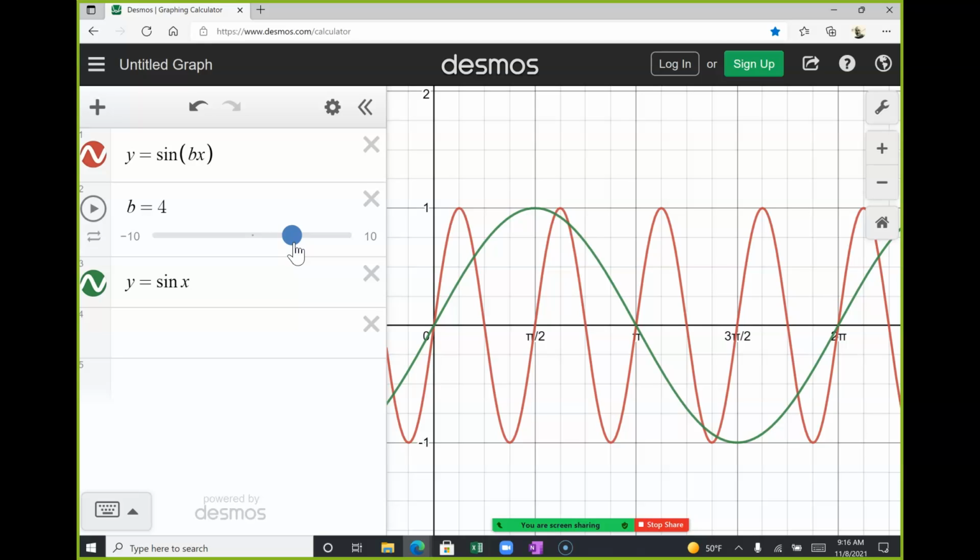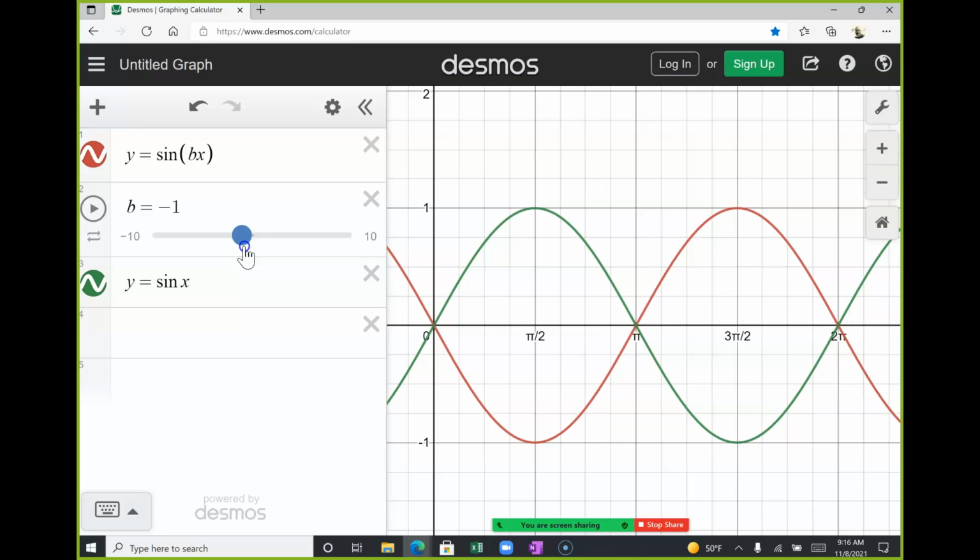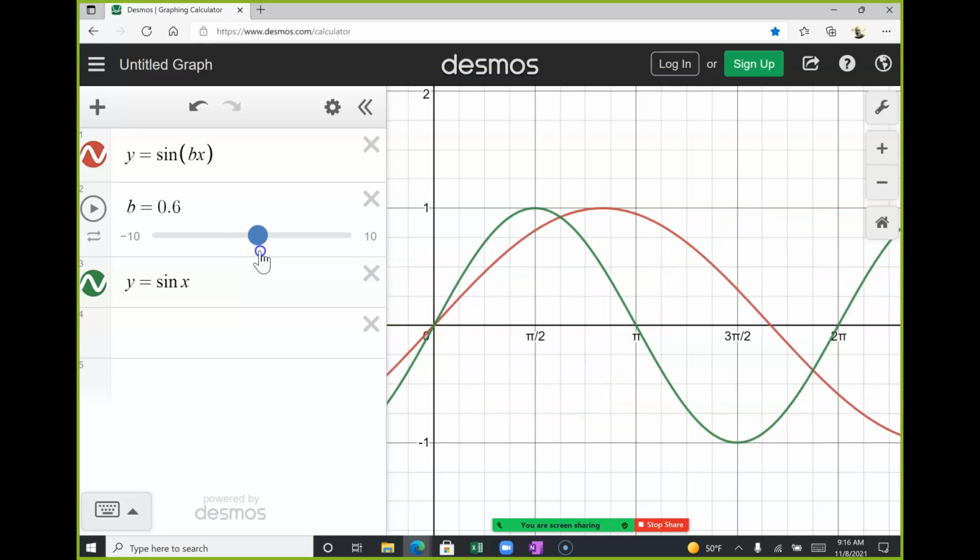Okay. So does it kind of compress it sideways? Yes. You remember when you're multiplying x's by 4, it actually means you're crushing the curve down to 1/4 because x's behave inversely. So, for example, if I let b be a half, positive 0.5, you can see I only see the first half of the sine curve in red.